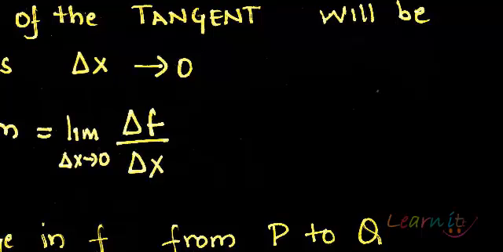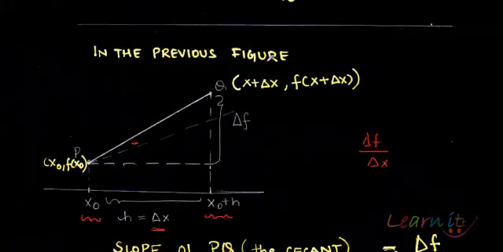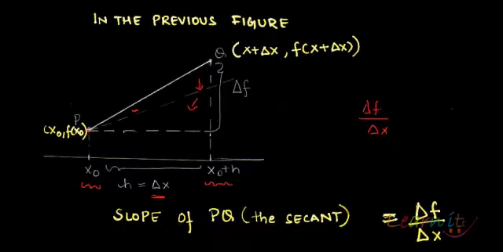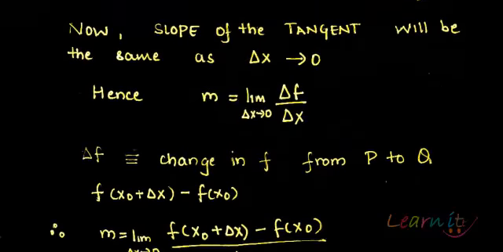Because for Q to come to P, the change in x has to be nearly 0, for this point to move and come here on the curve. Of course, I haven't drawn the curve here. So that will be the slope of the tangent, right?